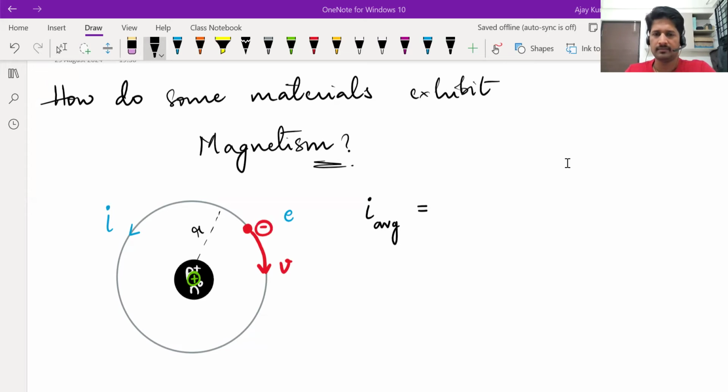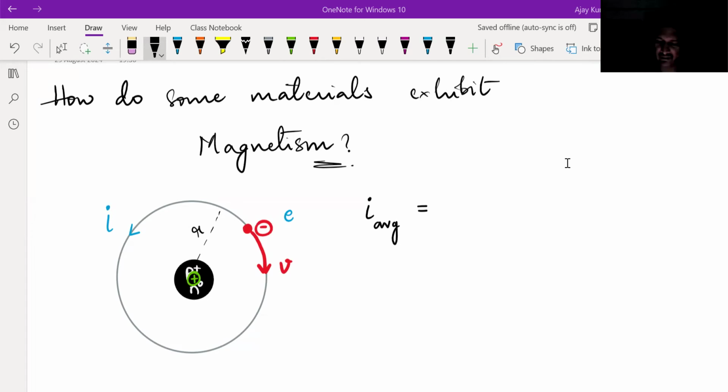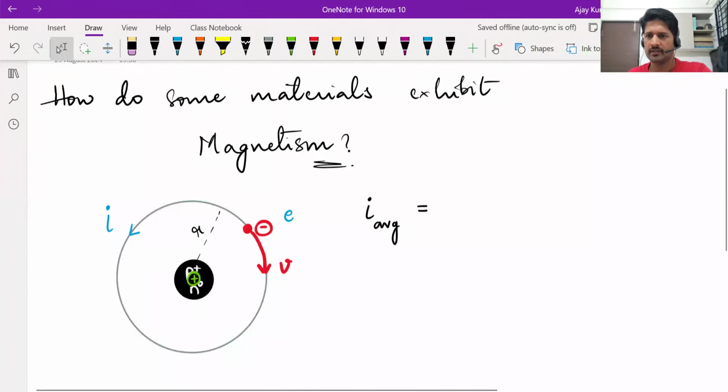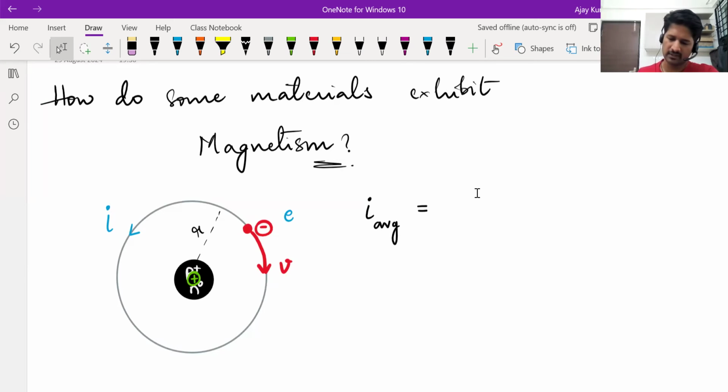Charge divided by time. Correct. In the meantime, you can derive the current in this loop. As someone was saying, average current by definition is charge divided by time.